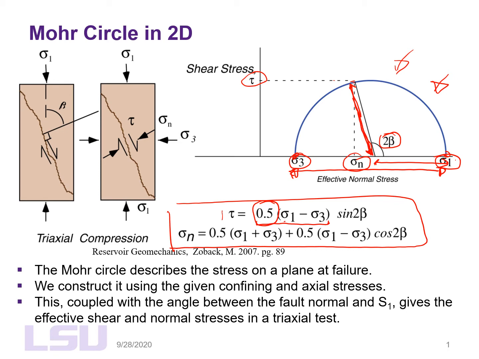And now to go from the radius to the vertical component of the radius, which is what tau is, right? Then you multiply by sine 2 beta. So basically that's what this equation is doing.